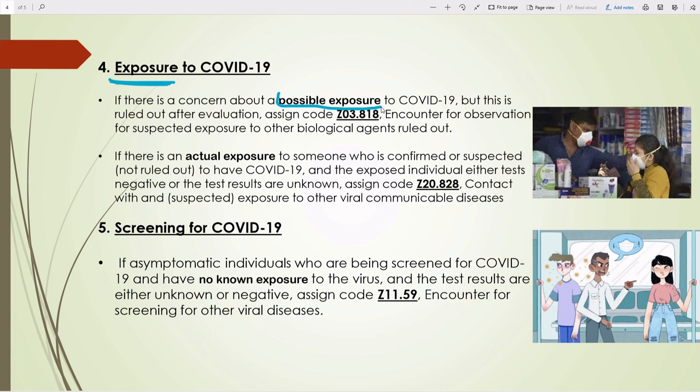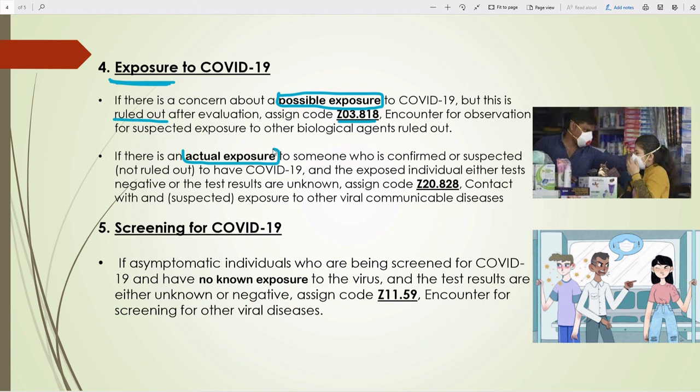If there is a concern about a possible exposure to COVID-19, but this is ruled out after evaluation, assign code Z03.818. That is encounter for observation for suspected exposure to other biological agent ruled out.